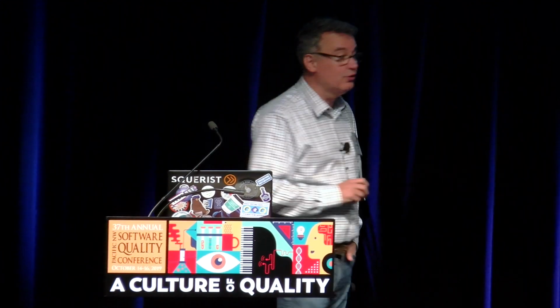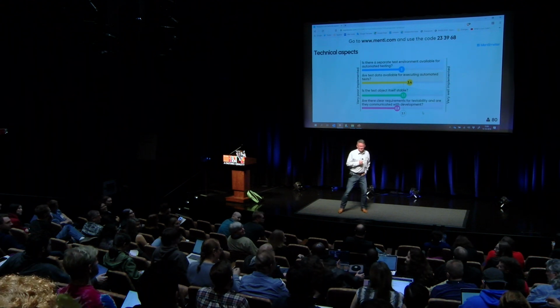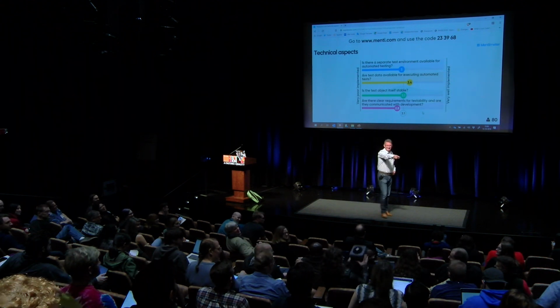Is there someone in the room who hasn't got very good requirements for testability, and could he or she share what the consequences of not having these are? Okay, there's a lot.